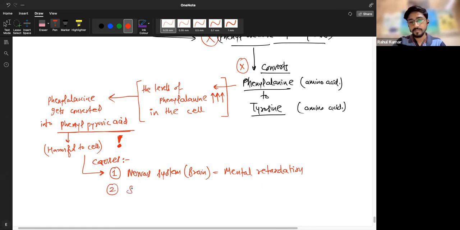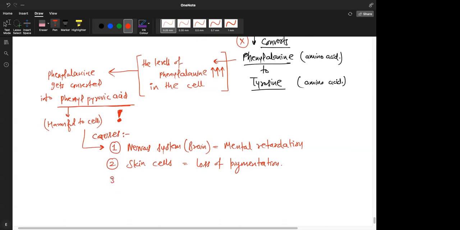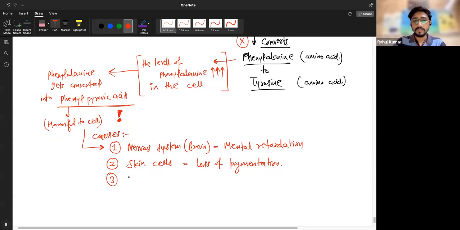It also affects the skin cells, where it causes loss of pigmentation. Now, skin cells and brain cells are very, very different systems, right? Yes. Then how is one single gene affecting these two? Also, it affects the hair follicles. Now, this is another different system, very different from brain and skin. Here also, loss of pigmentation in the hair happens.